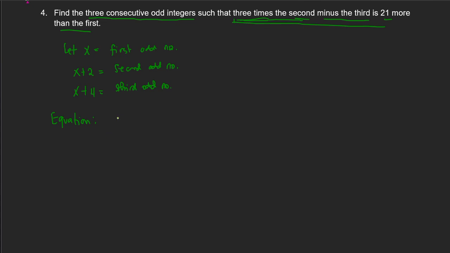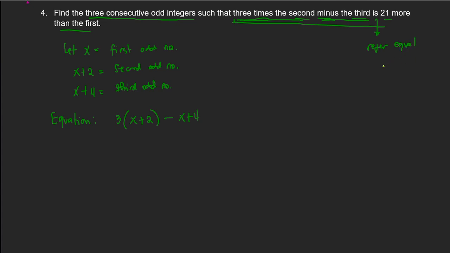So ibig sabihin, we have 3, i-multiply natin sa second integers, which is x plus 2, minus, meaning you have to subtract, minus the third, which is yung third natin, that is x plus 4, is the term refers to equal sign.